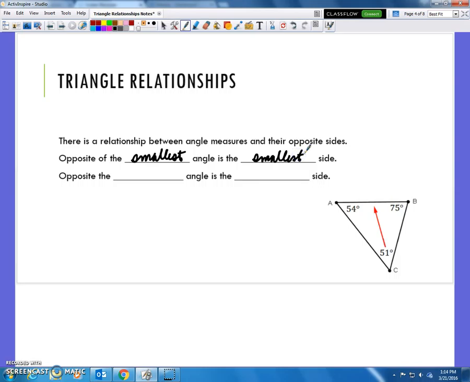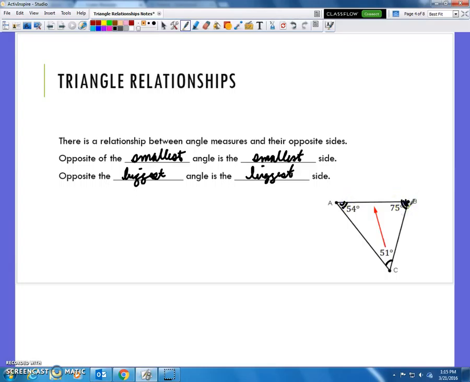And opposite the biggest or largest angle is the largest or biggest side. Okay. So if I know these degrees in here, I can put them in order. This is the smallest, the second smallest, and finally the largest.